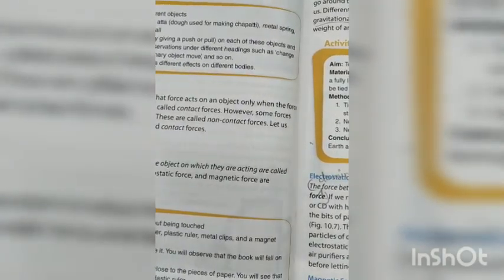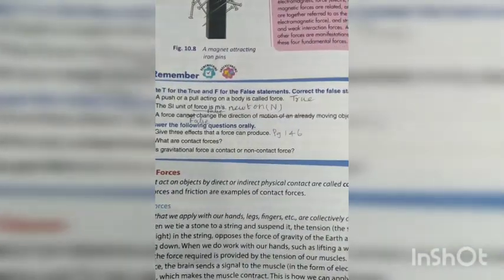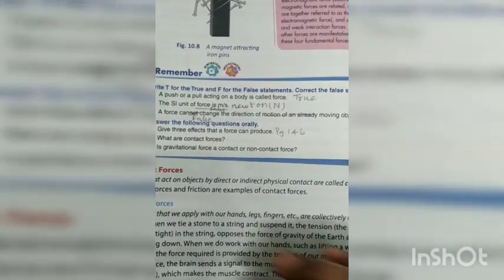Then, what do you mean by contact forces? Contact forces are the forces that act on an object when the force is in contact with the object. So, such forces are called contact forces. Examples for contact forces are applied force and frictional force.